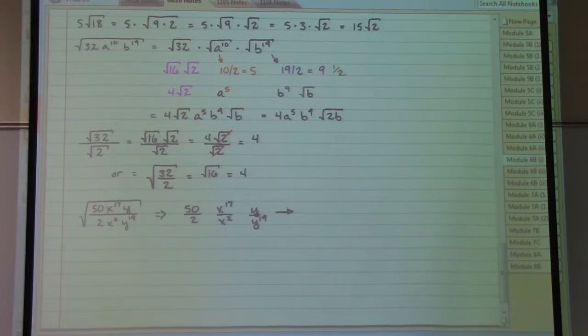So the number stuff, the x stuff, and the y stuff have all been separated out from one another, and if I simplify each of these, then I would get a 25, an x to the power of 15, and a y to the power of negative 18. This would be based on those rules that we had for working with exponents.